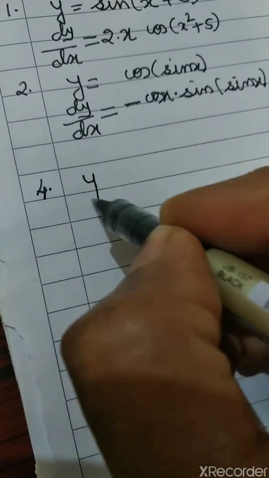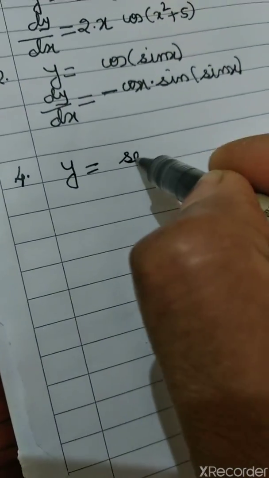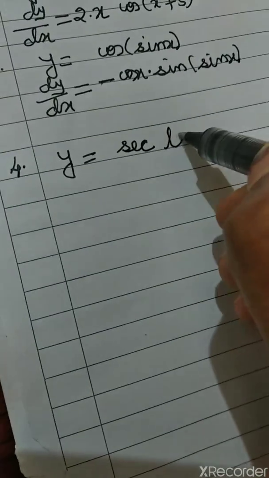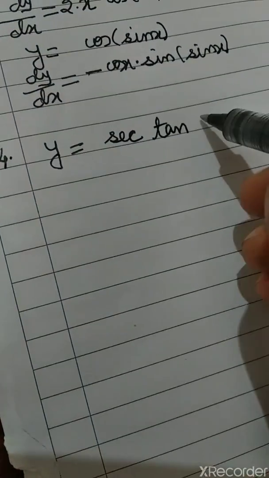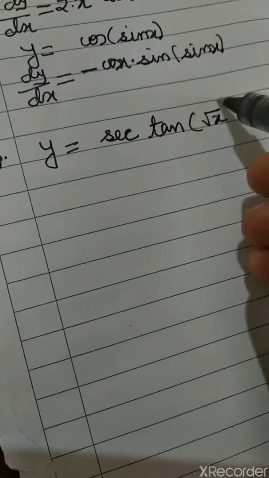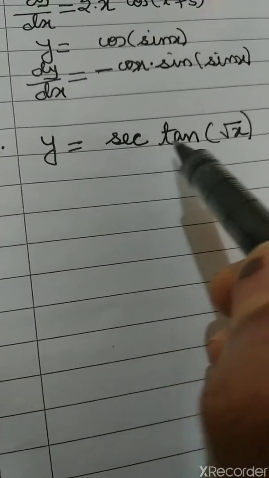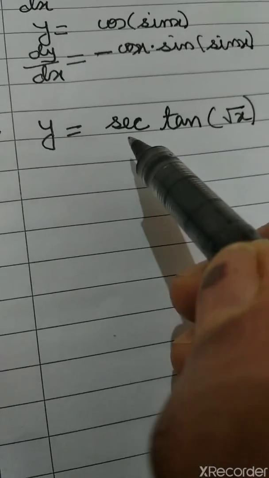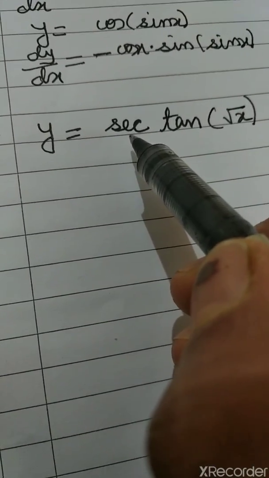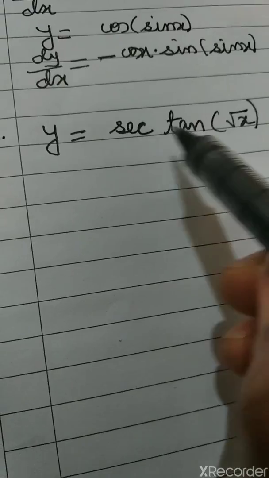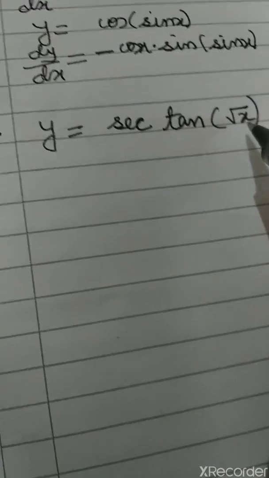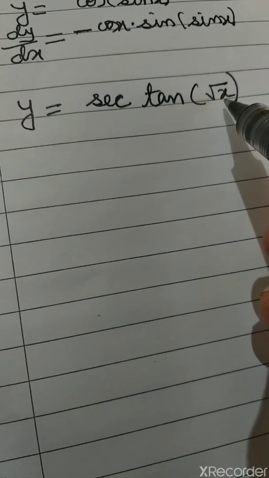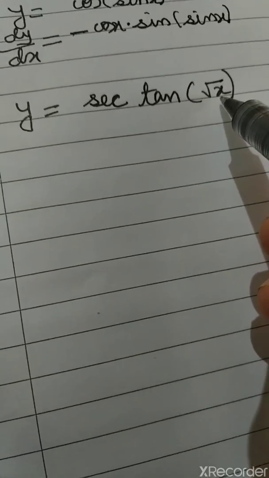It is y is equal to sec of tan of root x. So here we see this function has three functions. This is a combination of three functions. Secant function, tangent function, both trigonometrical functions, and finally an algebraic expression. So the function has to be read in the proper order.